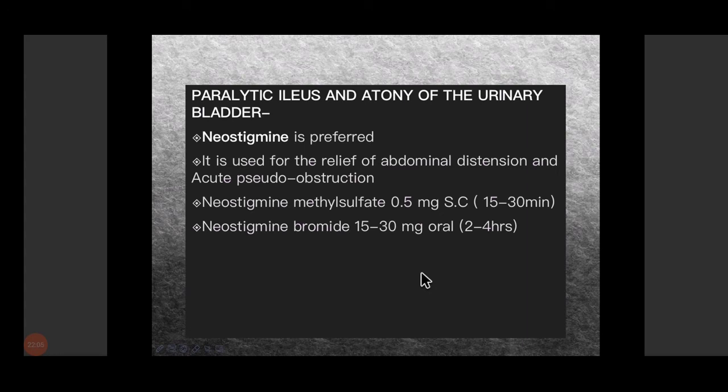Now for paralytic ileus and atony of the urinary bladder, neostigmine is preferred. Neostigmine is used for the relief of abdominal distension and acute pseudo-obstruction.